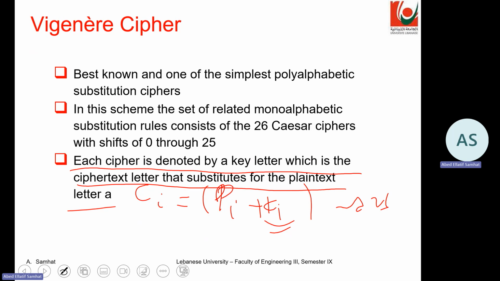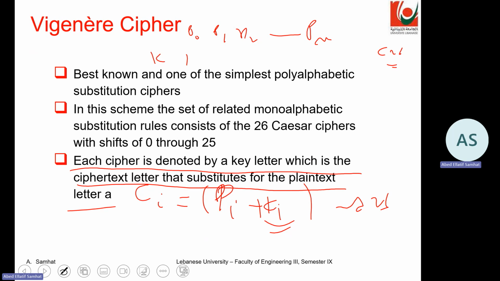If we have a sequence of plaintext letters P0, P1, P2, until Pn, which typically should be less than 26 to be efficient, then for each plaintext letter we should have a key.